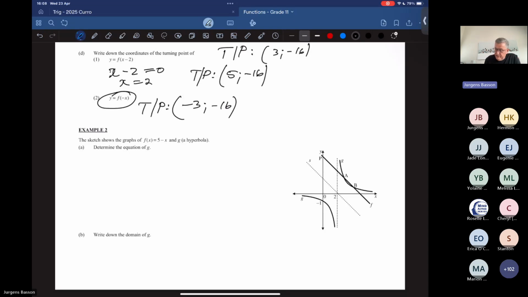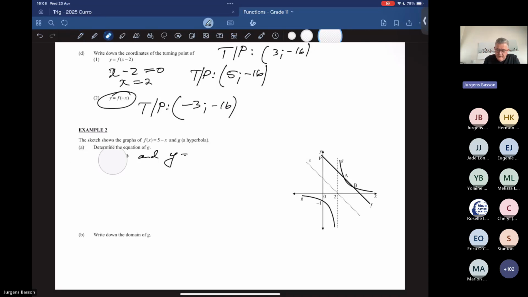You will agree that to find the equation of the hyperbola, we need the asymptotes. And our asymptotes are x equal to 0 and y, what do I say? Let me try again.